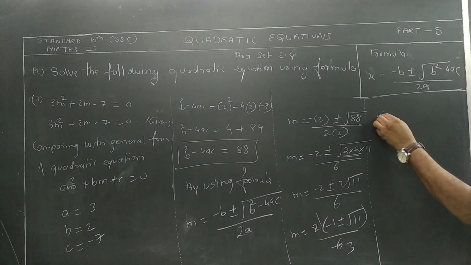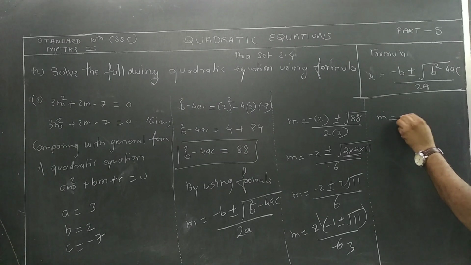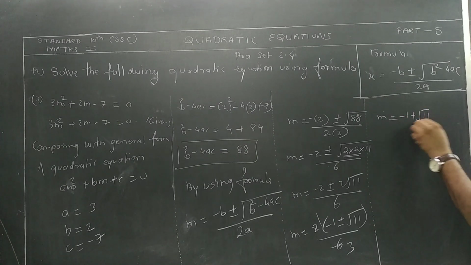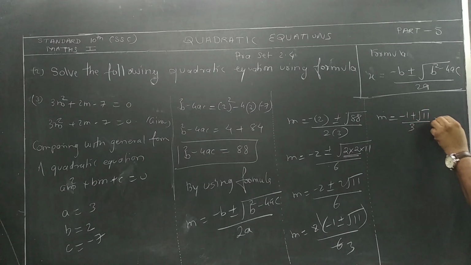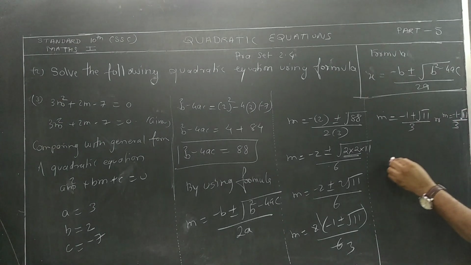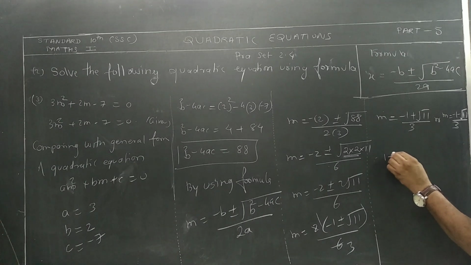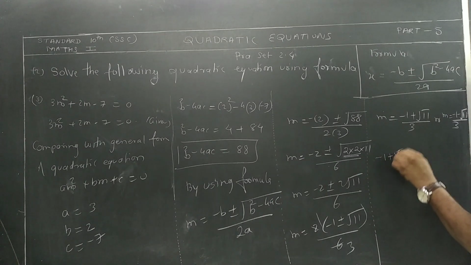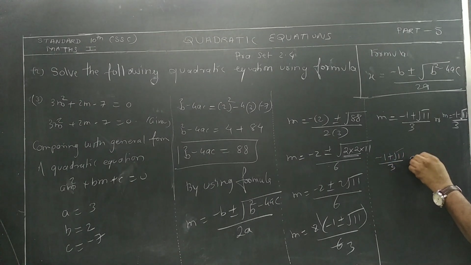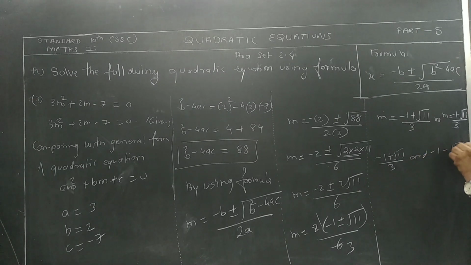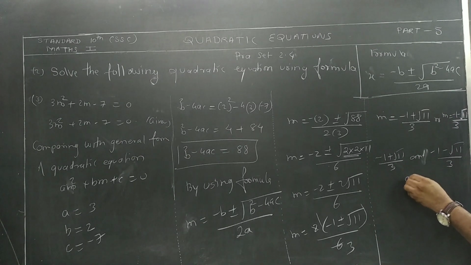So what answer you got? m is equal to minus 1 plus root 11 upon 3, or m is equal to minus 1 minus root 11 upon 3.